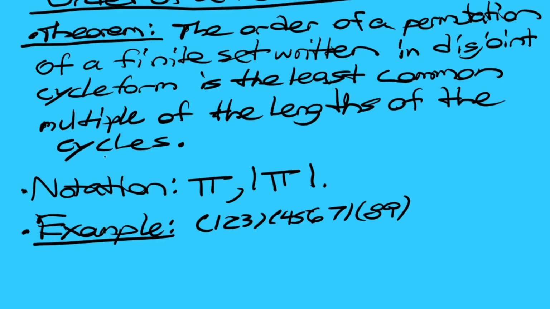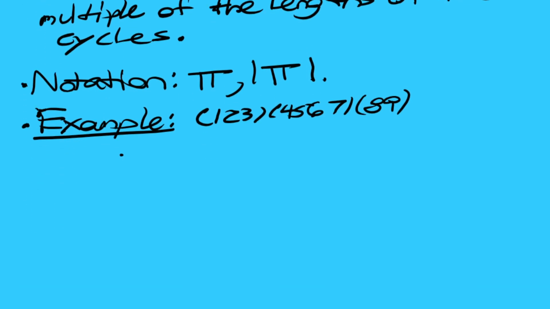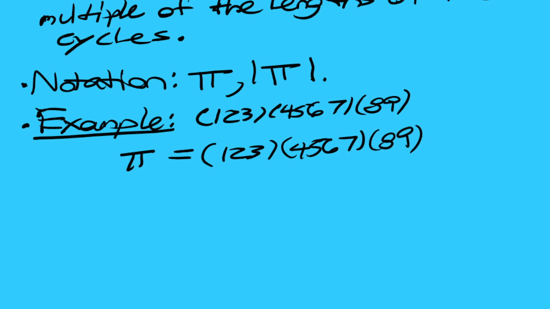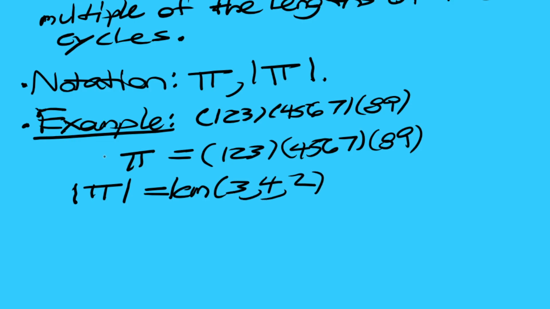So let's define pi as these cycles. So the order of pi is the least common multiple, or LCM, of 3, 4, and 2. These are the lengths of the cycles from left to right. That's just going to be 12.